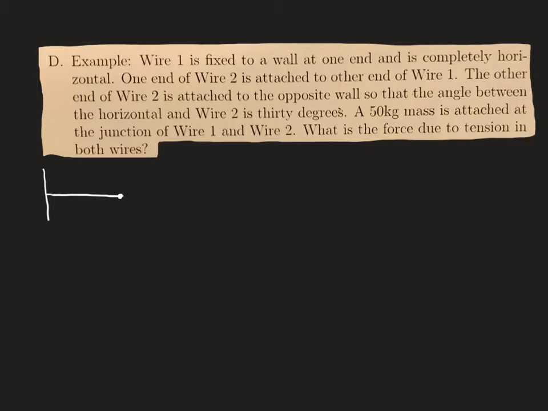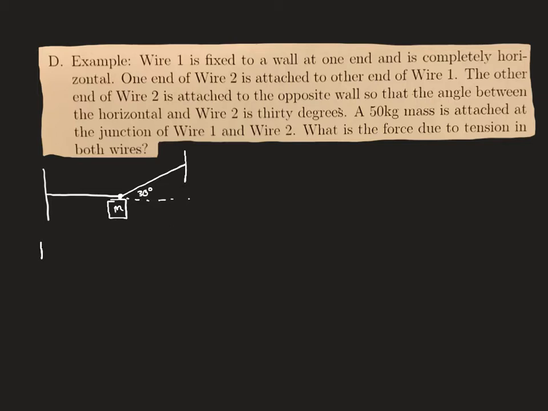And then the other end of wire 2 is attached to the opposite wall. So we have wire 1 and wire 2. The angle between the horizontal and wire 2 is 30 degrees, so there's a 30-degree angle in here. And then here, there is a mass attached. We want to know the force of tension in both wires.